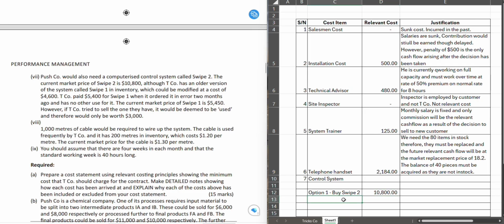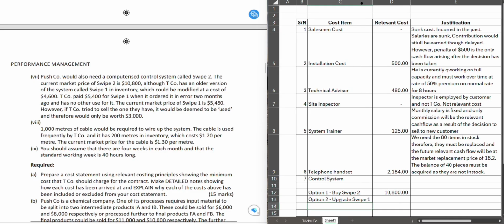Option 2 is to upgrade swipe 1. And if you decide to upgrade swipe 1, what will be the future relevant cost for that upgrade? You are not going to buy swipe 1, so the cost of purchasing swipe 1 is not relevant, it's sunk.